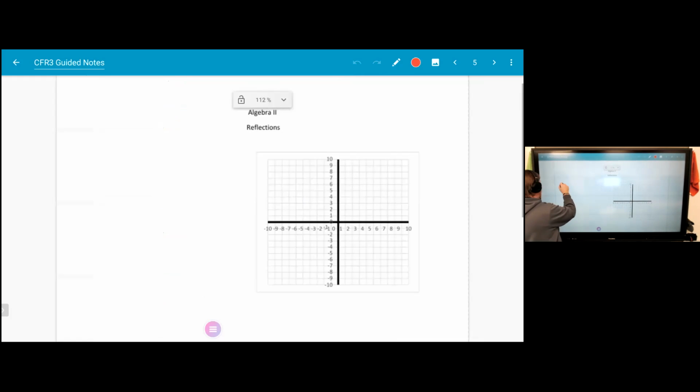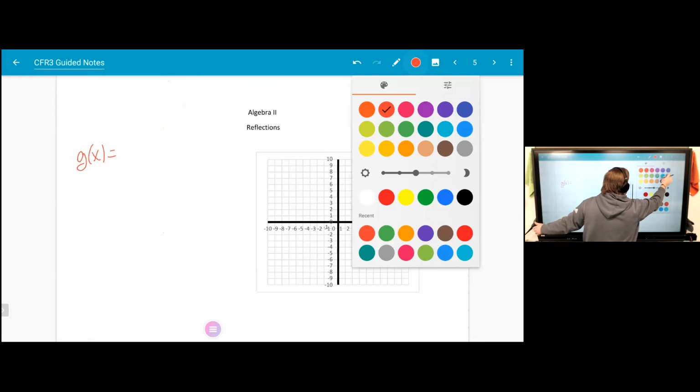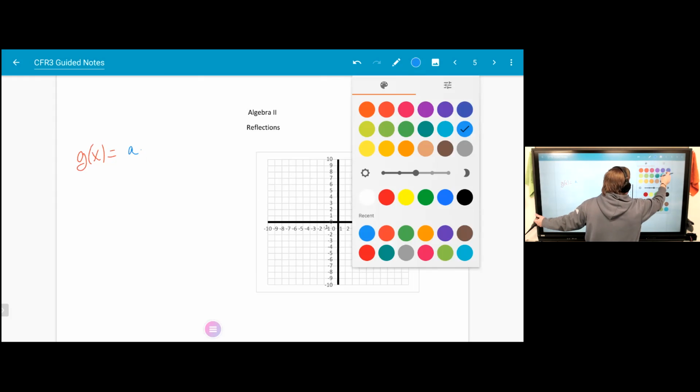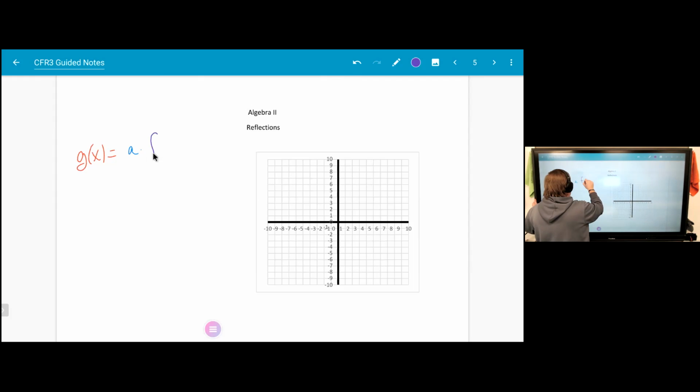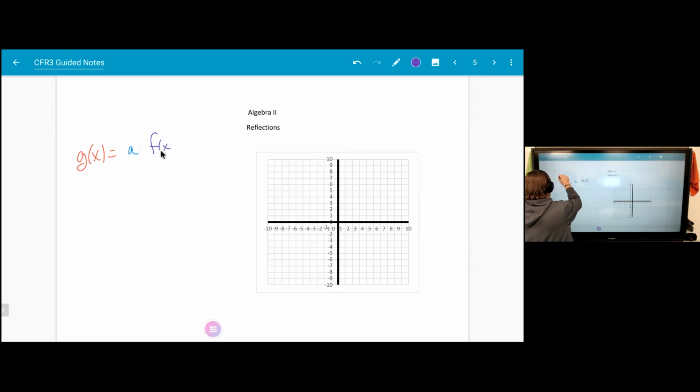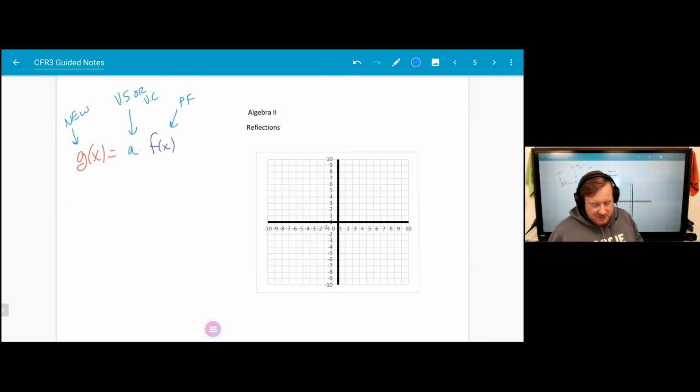If I had g of x is equal to a times whatever my parent function was, f of x, we called that blue part right in here the vertical stretch or vertical compression, depending on what that number is.